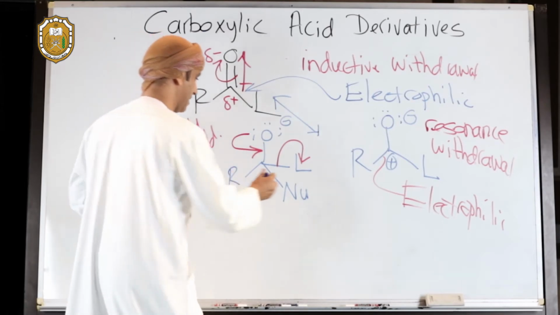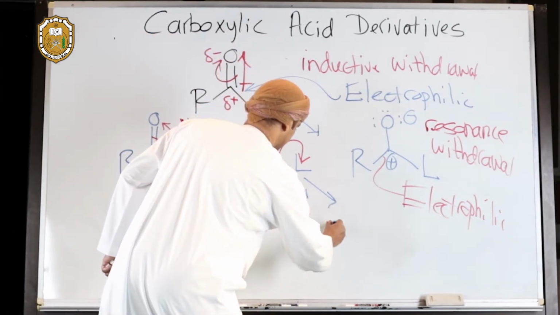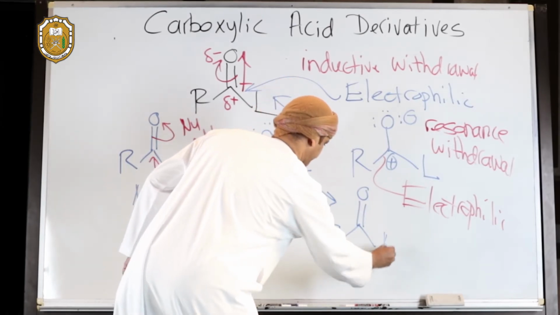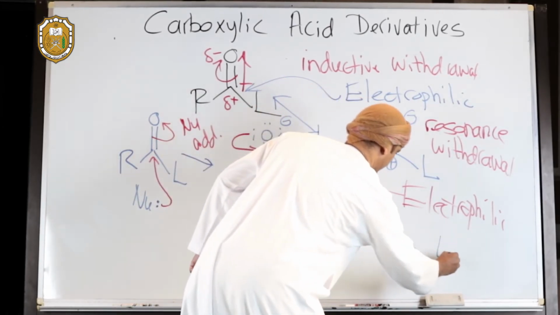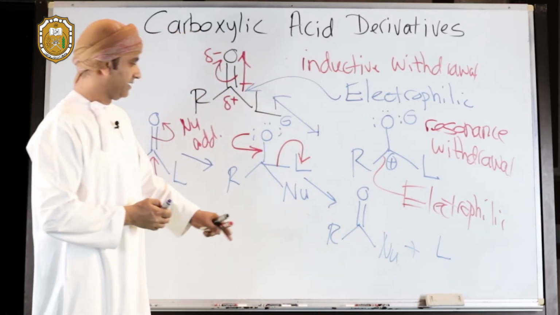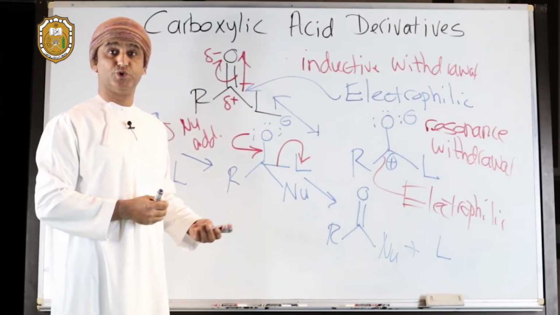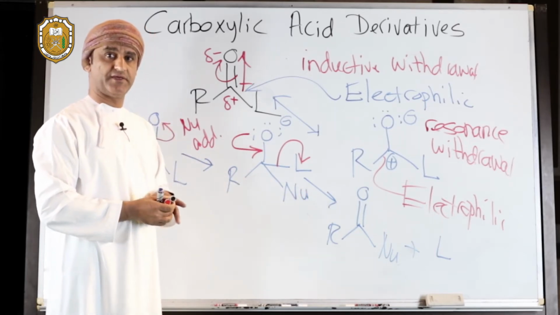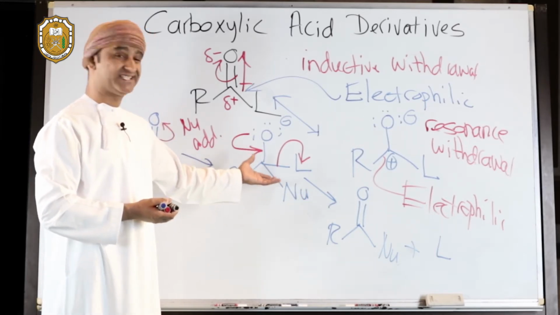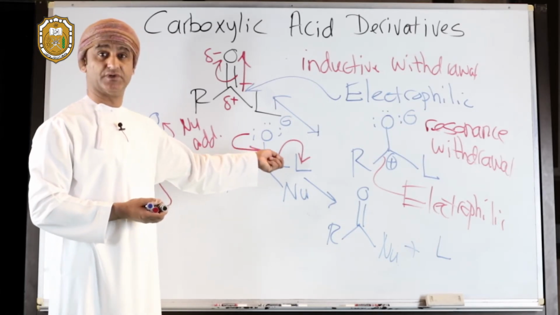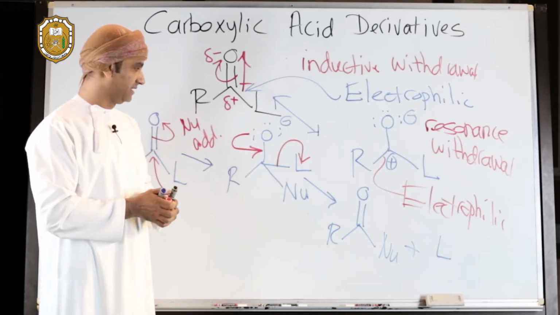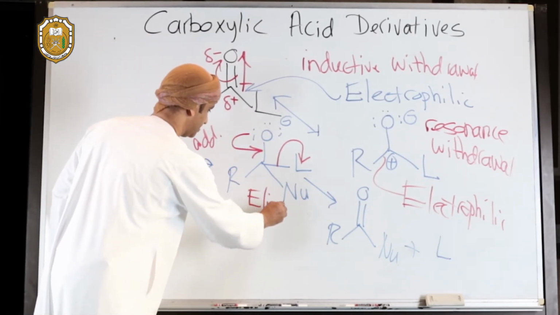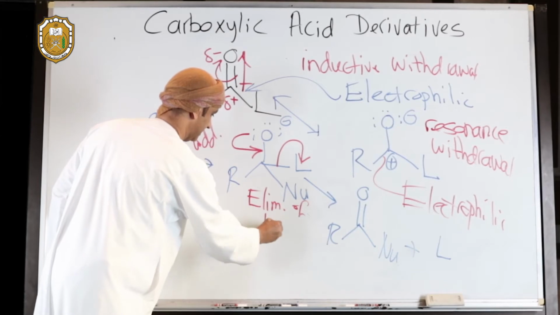Let's write the product. So the product is another, a new carbonyl compound actually, but now with a nucleophile. If you like, this step involves elimination, or departure of the leaving group. So we can describe it as elimination of the leaving group.